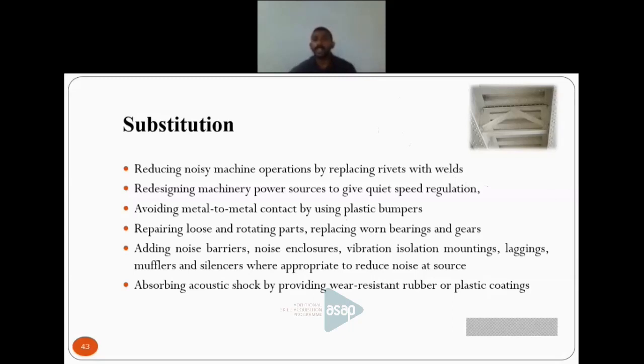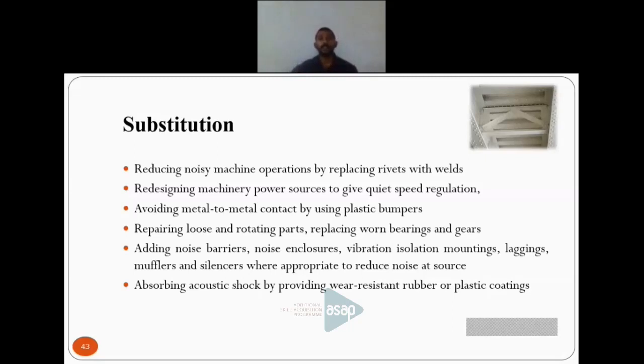Another way, for metal to metal contact, is to use plastic bumpers so that metal to metal contact is avoided and the sound is reduced. Adding noise barriers, noise enclosures, vibration isolation mounting and lagging are some other methods we can use to reduce noise. And this is substitution.